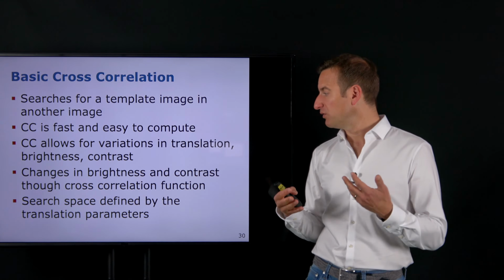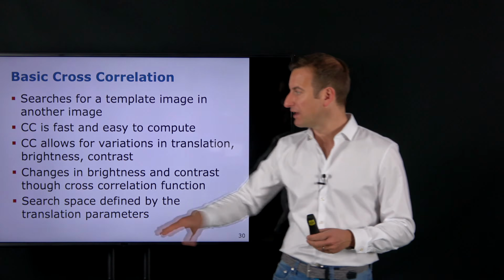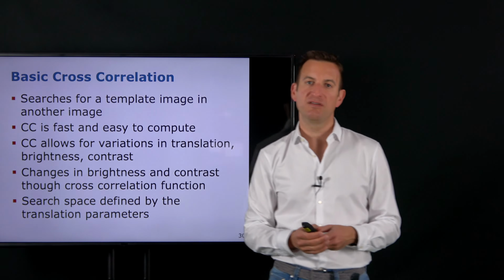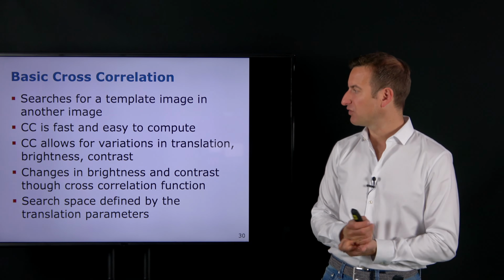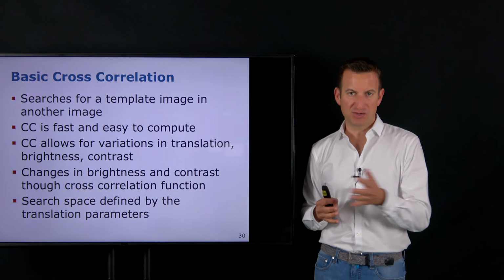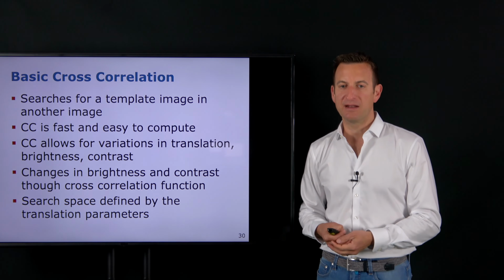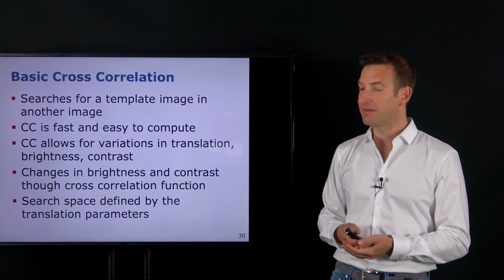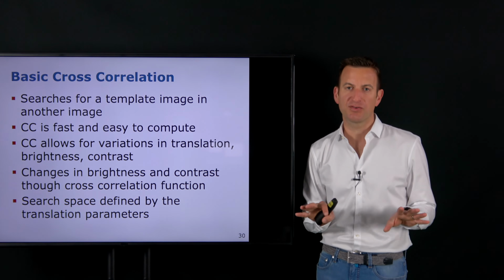Using the normalized cross-correlation function as our similarity function, we have a transformation which is invariant to brightness and contrast changes. Thus with this measure I can easily compare the geometric transformation parameters, which are the translation, in order to find the best parameter set with an exhaustive search. So this was basic standard cross-correlation.